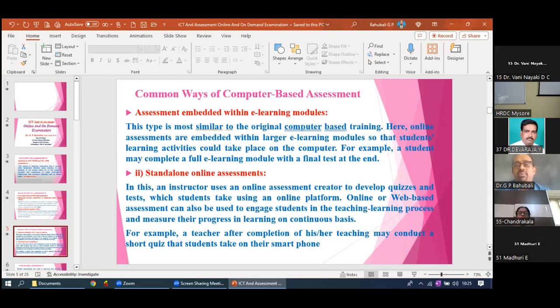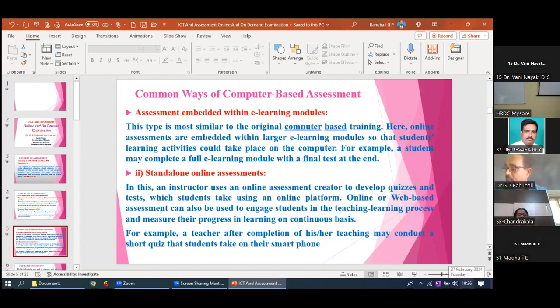Here the online assessments are embedded within a large e-learning module, so that students' learning activities can take place on the computer.